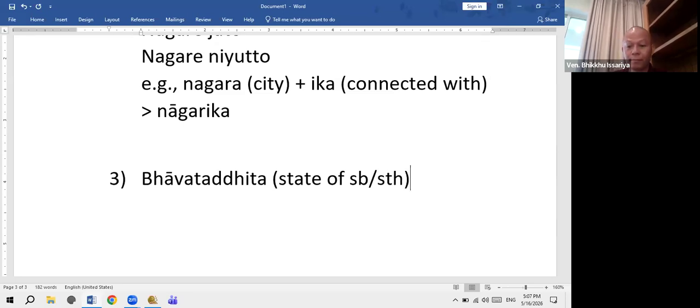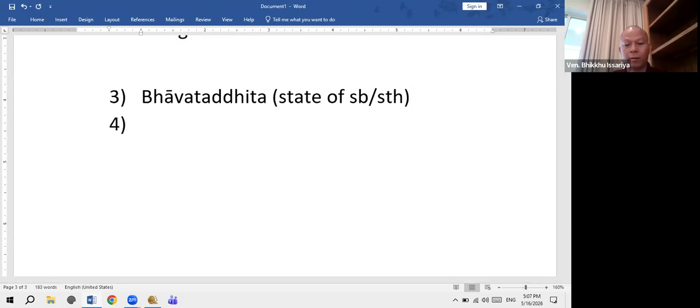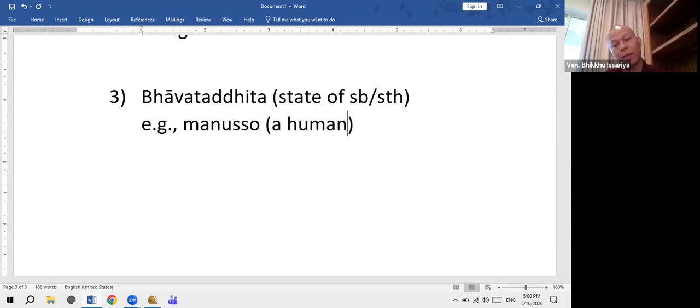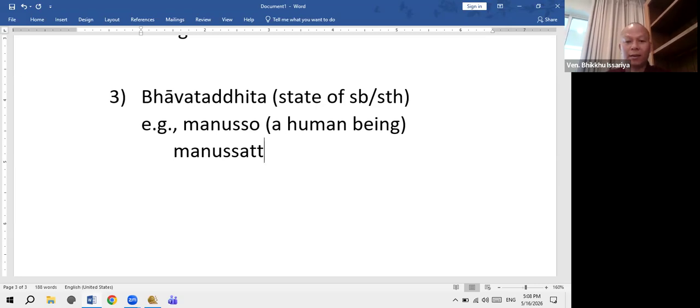State of something. One example: Manosa, human being, with the Taddhita.